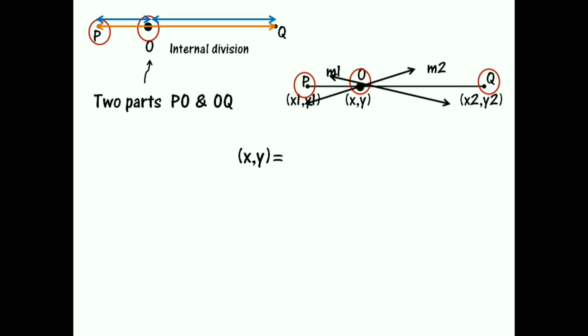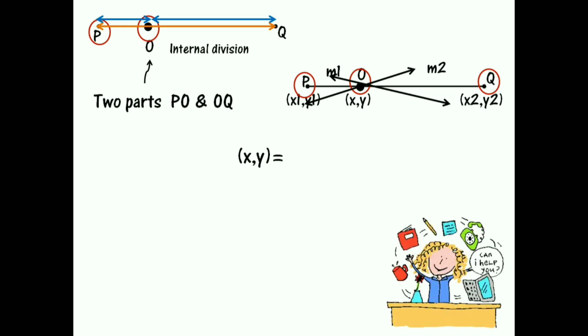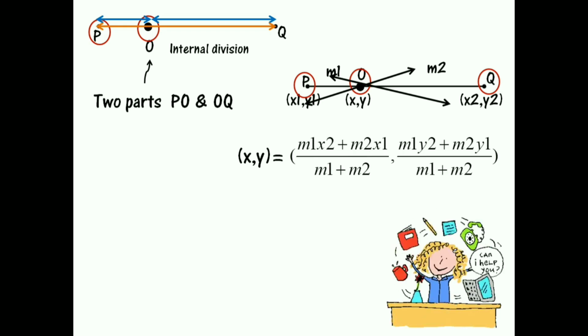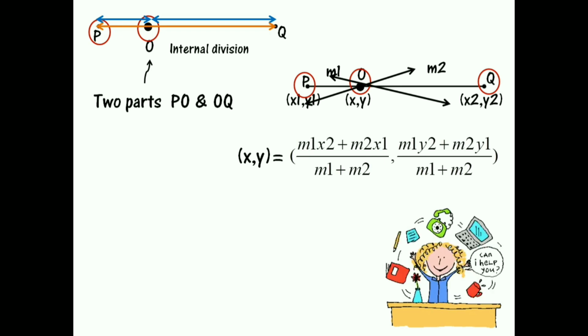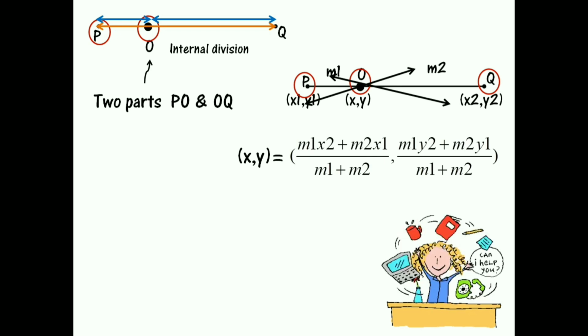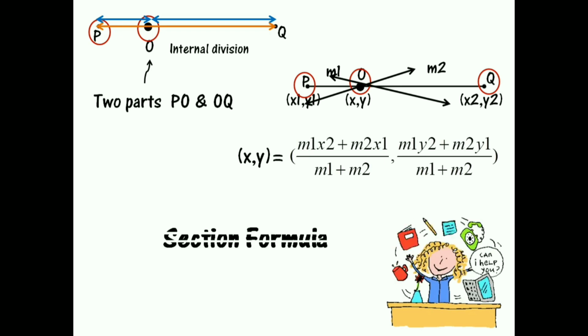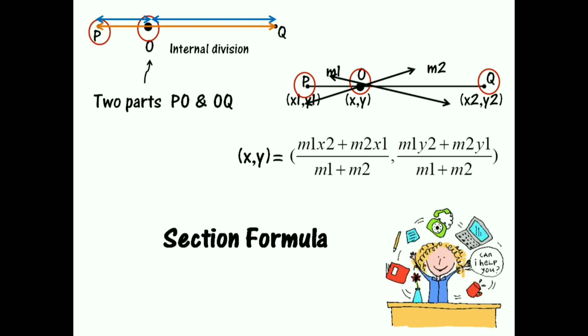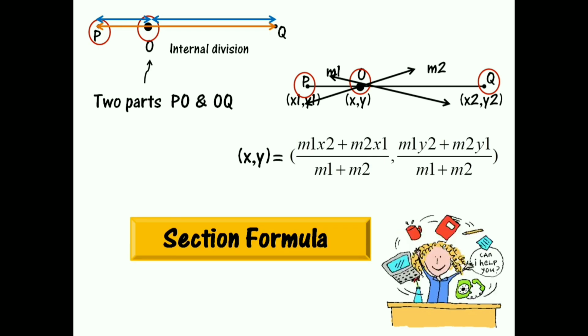We have the coordinates of points P and Q. We have the ratio in which the point O divides the line segment PQ. We have to find x, y using all the information we have. So this is how the internal division formula goes. It looks really complicated at first, but in fact it is very simple.